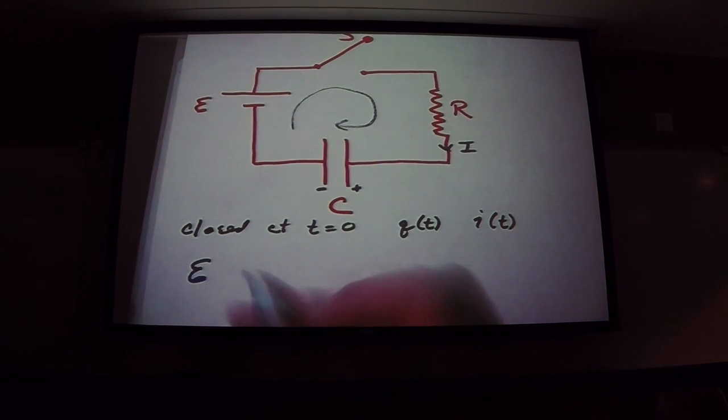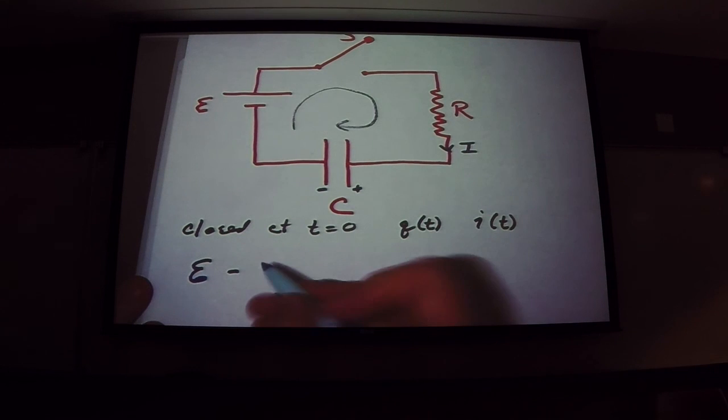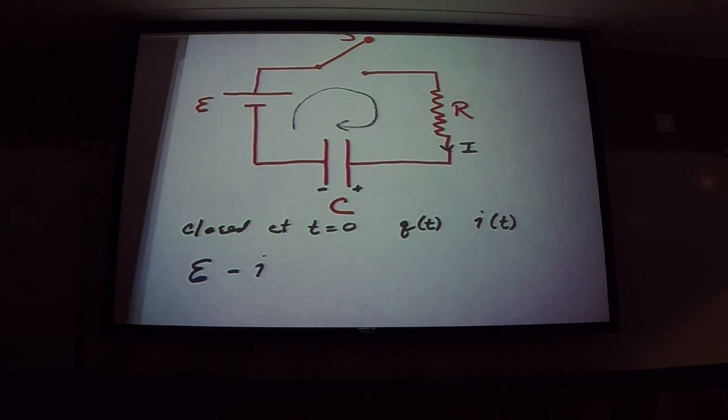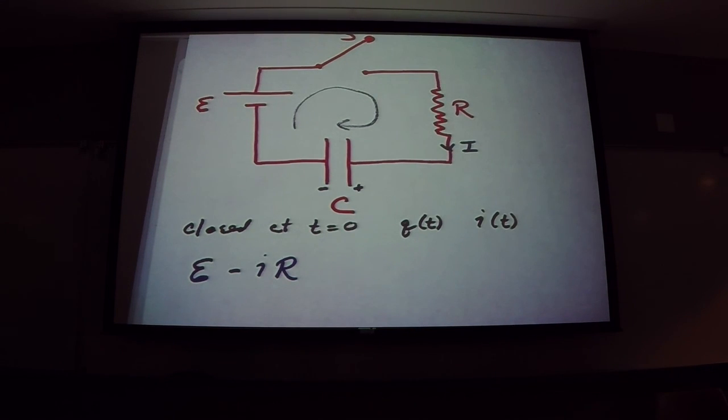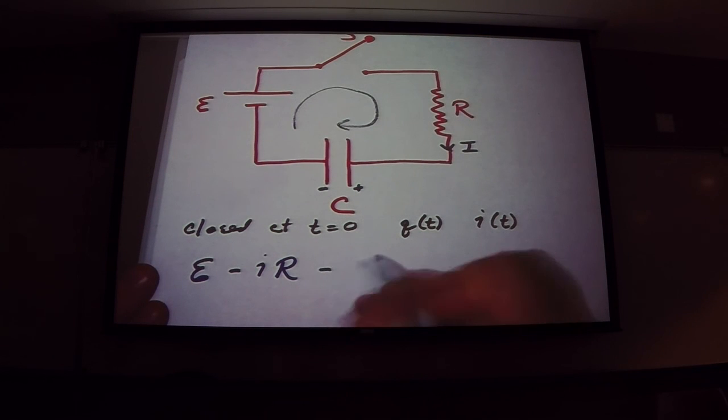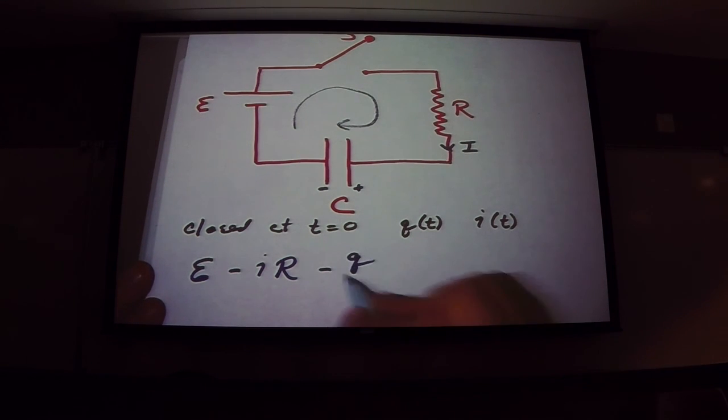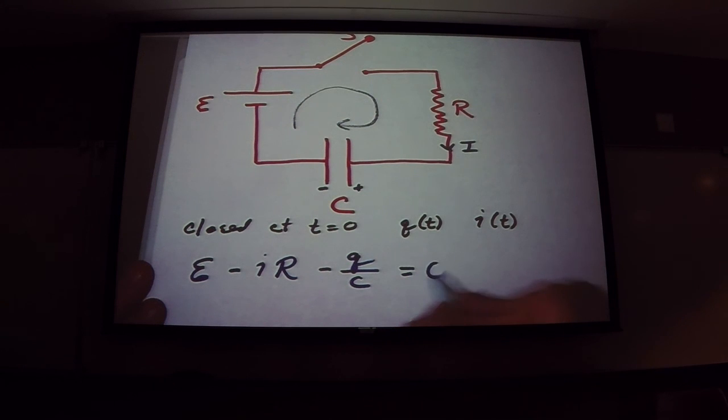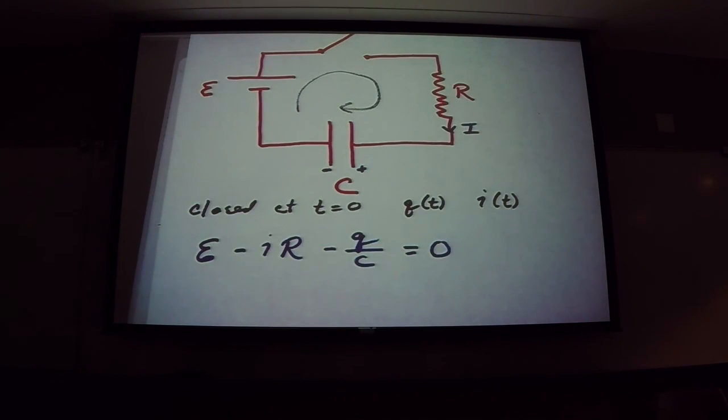So we subtract off I, and I'll use a little letter I because I want to focus on that as a function of time, multiplied by the resistance R. We then go from the positive side of the capacitor to the negative side, so we subtract Q over C, and that equals 0. That's the equation that comes out of Kirchhoff's loop law for this particular circuit.